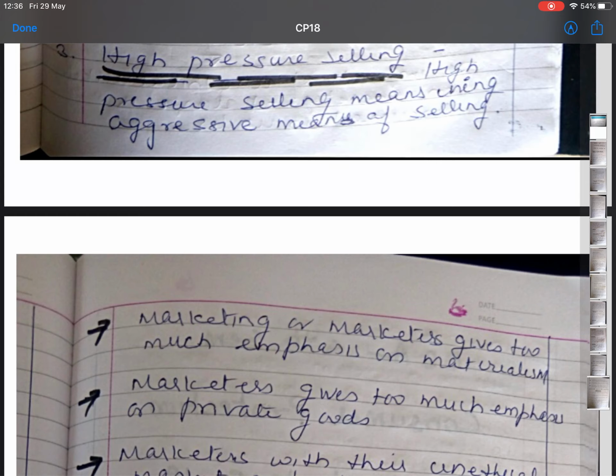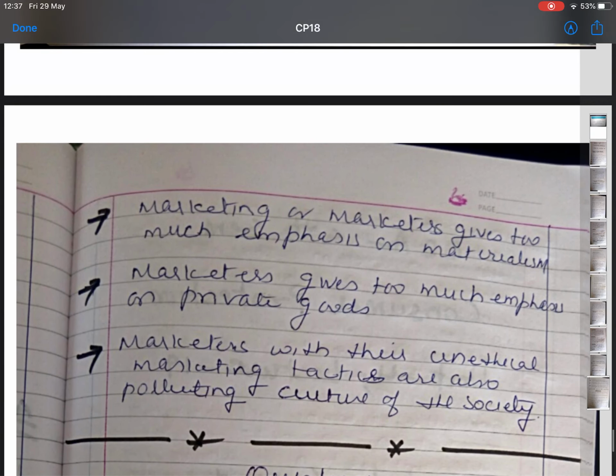Then marketers give too much emphasis on materialism in society. They foster this thinking and this idea of materialism in the minds of the consumers. Then next, marketers give too much emphasis on private goods.